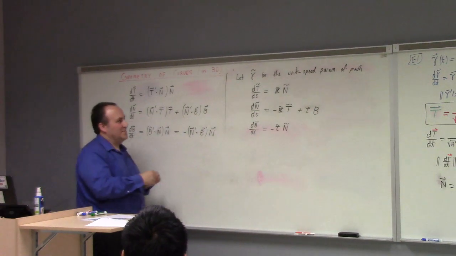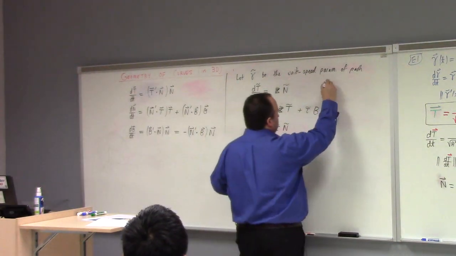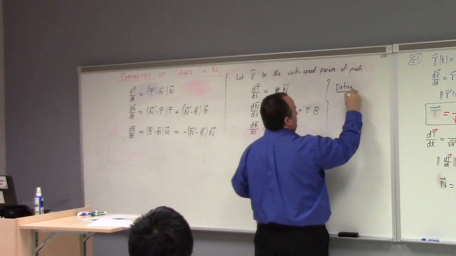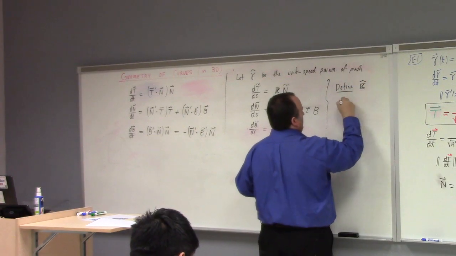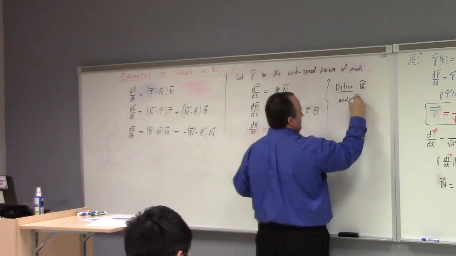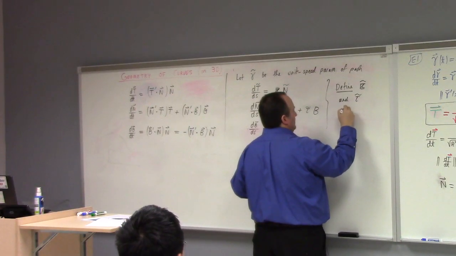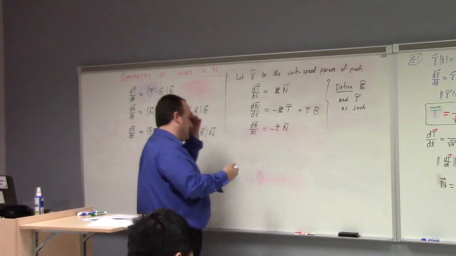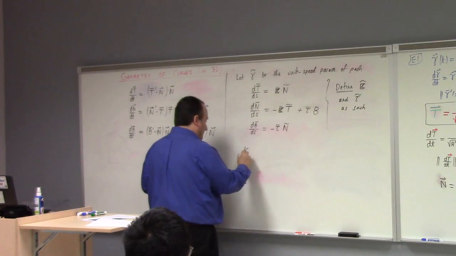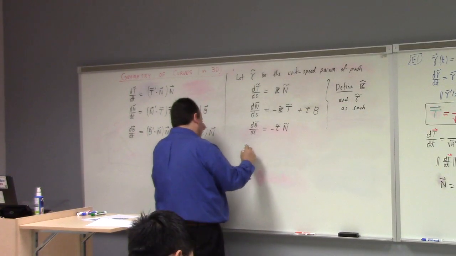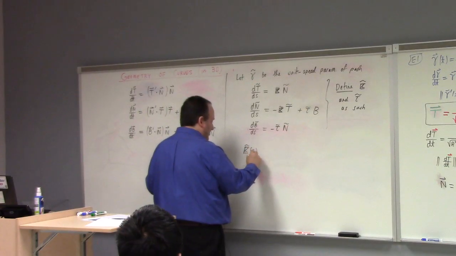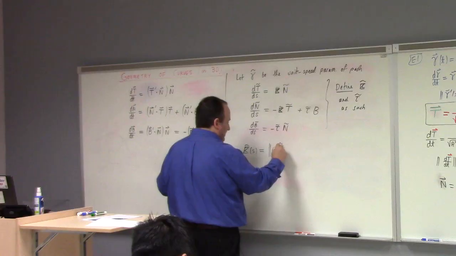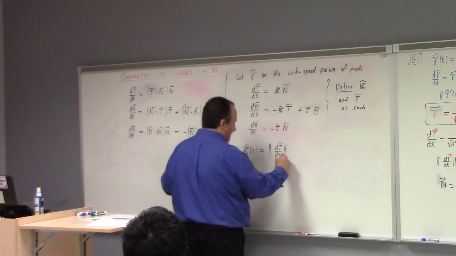I haven't defined it yet. So I'm saying define kappa tilde and tau tilde as such. Now I can give you a more precise definition. Kappa tilde, which is a function of s, is equal to the magnitude of dt tilde ds.